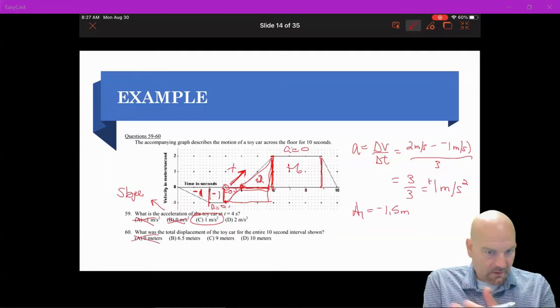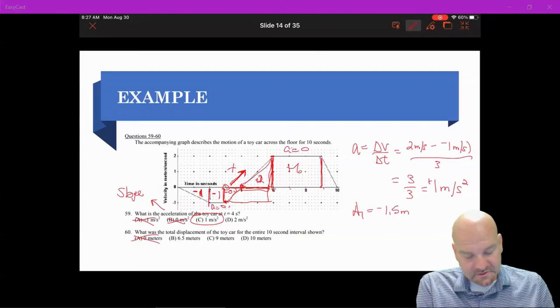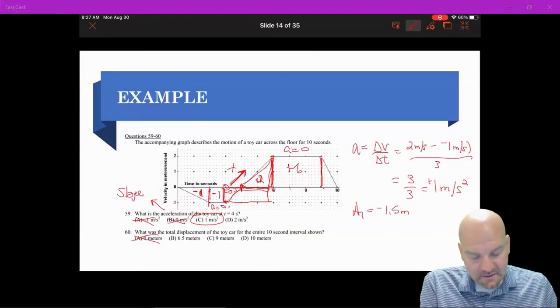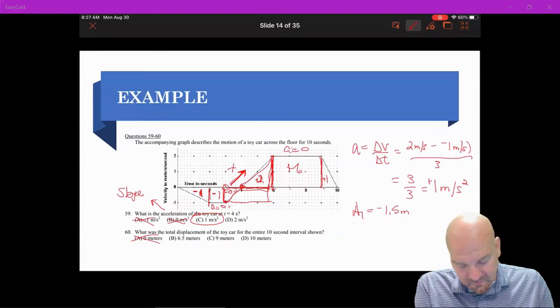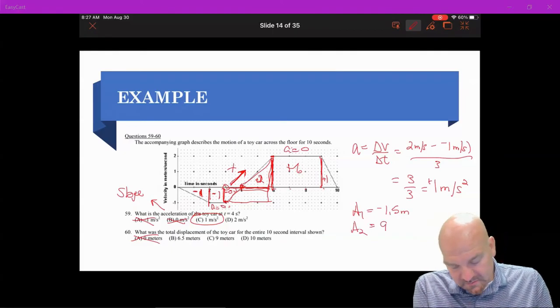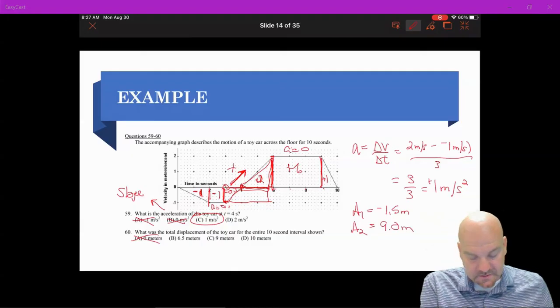If we add all this up, it's definitely not going to be 0 meters. And over here, even though this is a negatively sloped line, it's still on the positive side. So it's going to be 1/2 times 1, so 0.5, times 2, so this is going to be plus 1. So this area, which I'm going to call area 2, is going to be 9 meters.